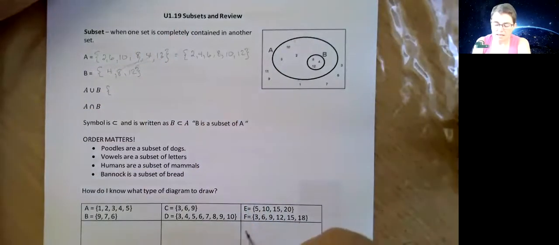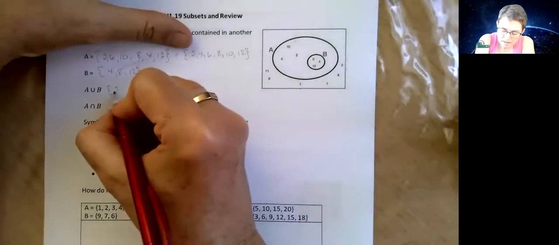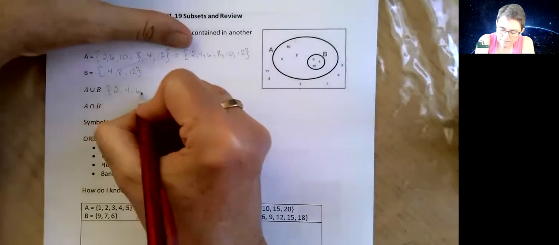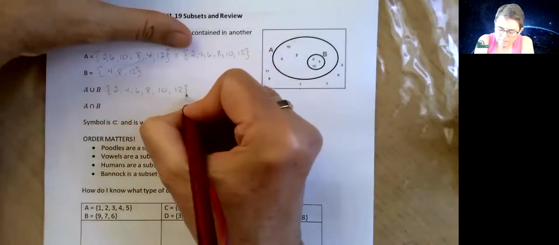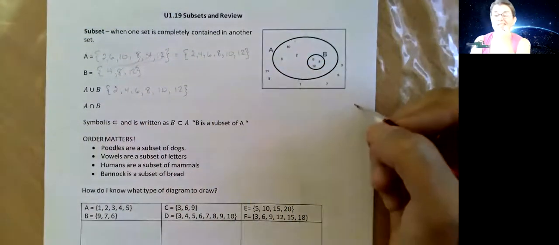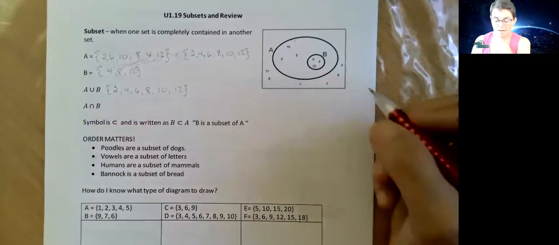So I want everything in A plus anything that's new in B. So what did you just figure out? Yeah, it's exactly the same, right?